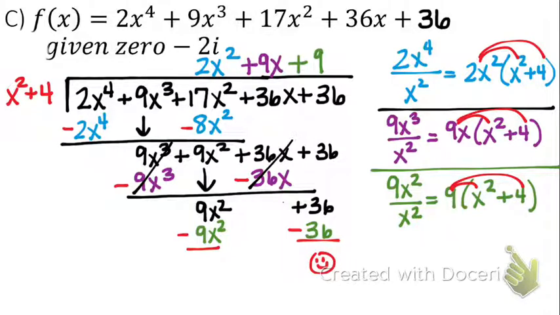So now what I need for you to do is factor this down and find your last two solutions. So you will need to make a box. Go ahead and factor that quadratic.